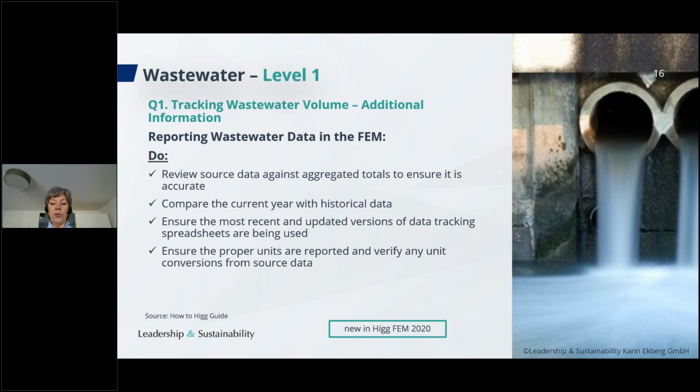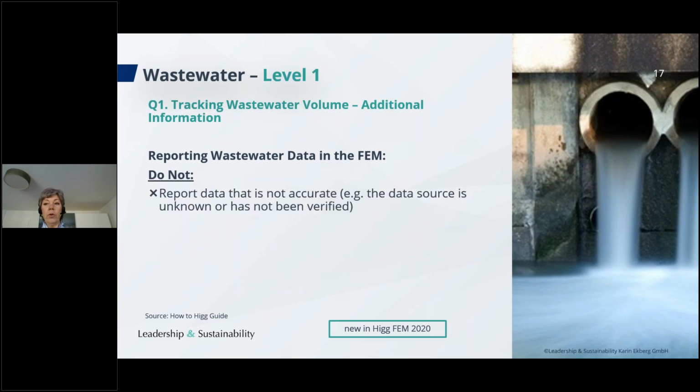The unit conversions, for those of you who have tried that out, may be a bit complicated to get right, but please spend enough time to make sure that you have the correct formulas and do the calculations correctly. Report the data source and frequency of measurement, and also report the final discharge point. So a lot of additional guidance that is really important in relation to the data reporting.